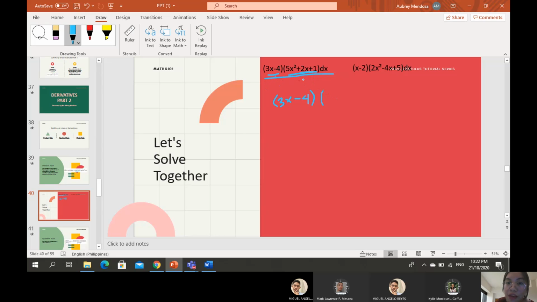The derivative of 5x squared plus 2x plus 1 is 10x plus 2.